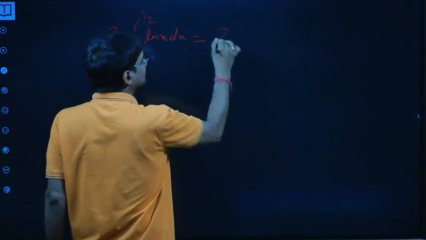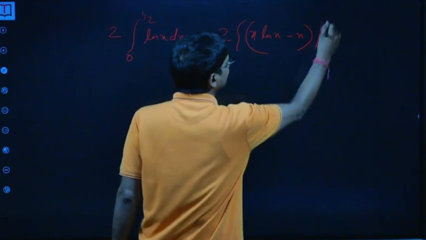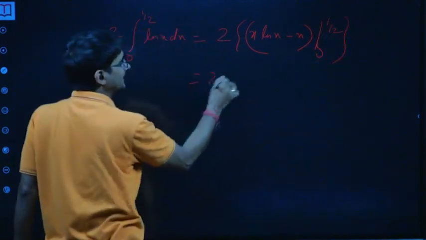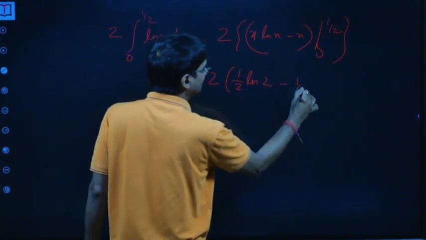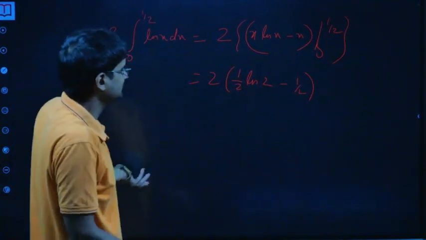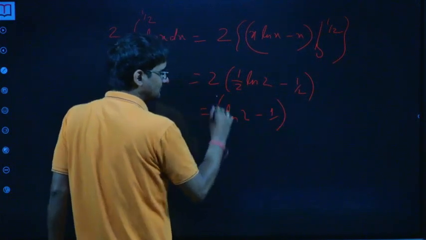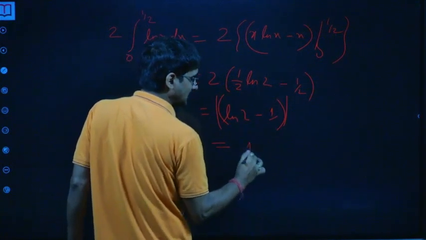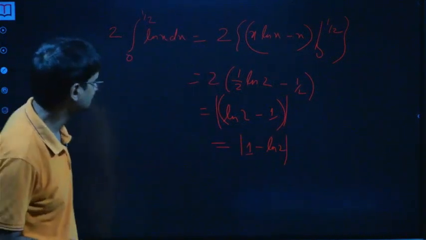So it's again 2 times x ln x minus x from 0 to half. So it's 2 times half ln half and then minus half, fair enough, and then at 0 it is 0. So it's ln half minus 1, mod. So it has to be 1 minus ln 2. I think all of you will agree.